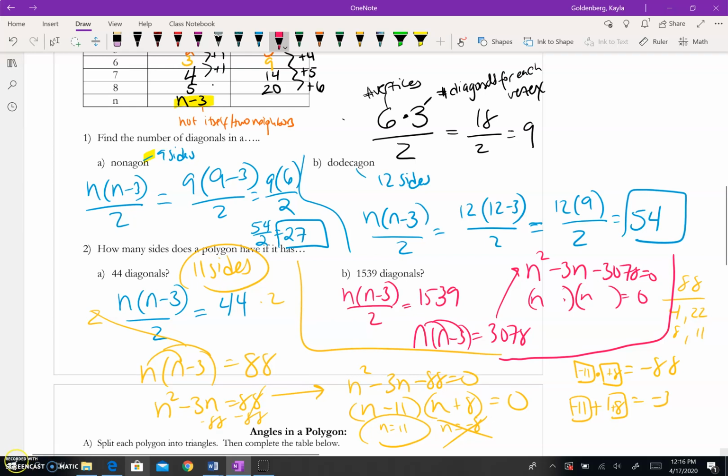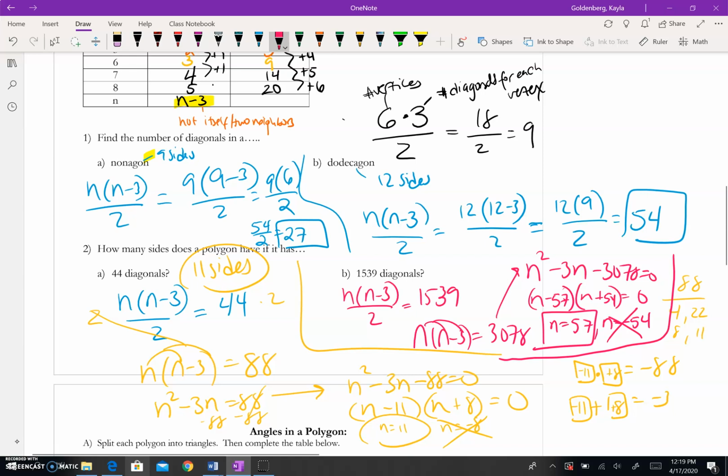So Miss Goldenberg gave up trying to guess it on her own because the numbers were too big. I did find that 54 times 57 works, and those are 3 apart. So I'm going to do minus 57 plus 54, which means n equals 57 or n equals negative 54, right? Because a negative 54 plus a positive would make that parentheses 0. So a negative amount of vertices or sides doesn't make sense. So your answer is 57.